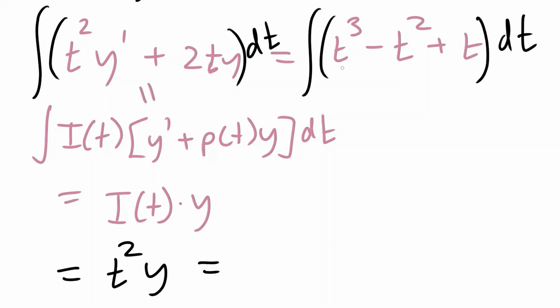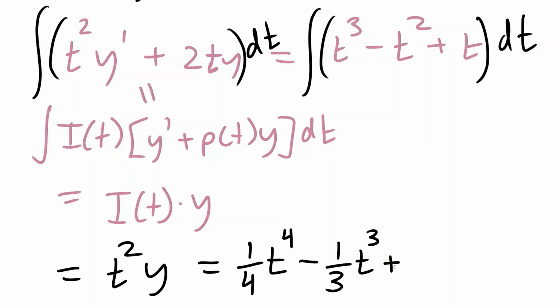The integral of t cubed is 1/4 t to the 4, the integral of t squared is 1/3 t cubed, and the integral of t is 1/2 t squared, and don't forget your c.